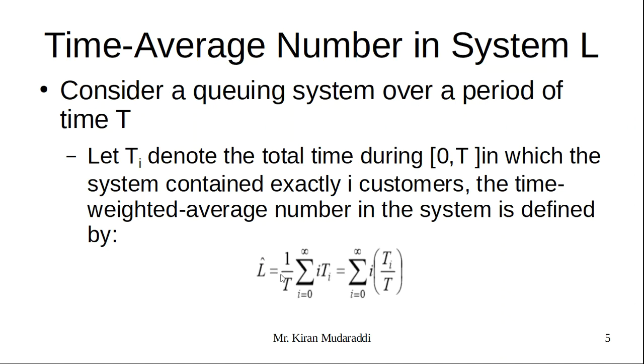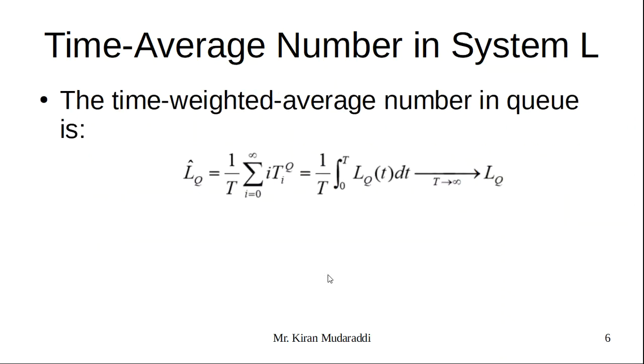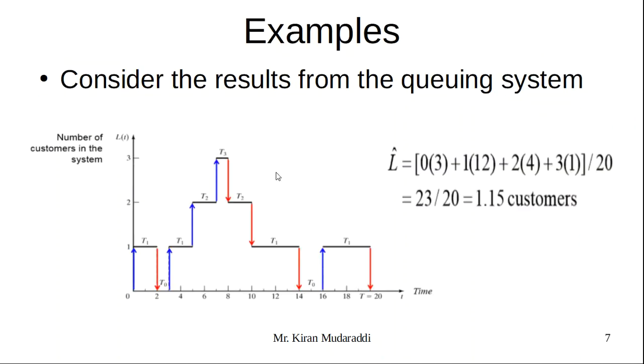L is equal to 1 divided by T, summation i equals 0 to infinity of i into Ti. Similarly, LQ is the time weighted average number in a queue, that is 1 divided by T, summation of i equals 0 to infinity of i into TiQ. These measure the performance of a queuing system, L and LQ.